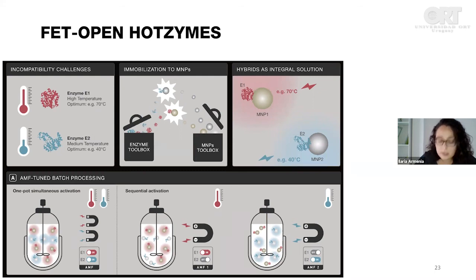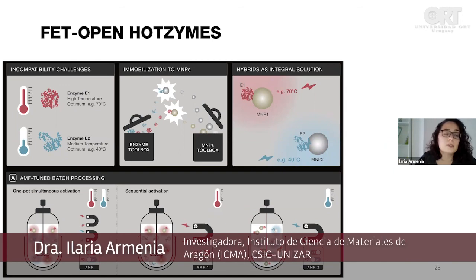So what we want to do is to have in the same pot 2 different enzymes that have different temperature optima, and that can have some cofactor or product that are sensitive to temperature.